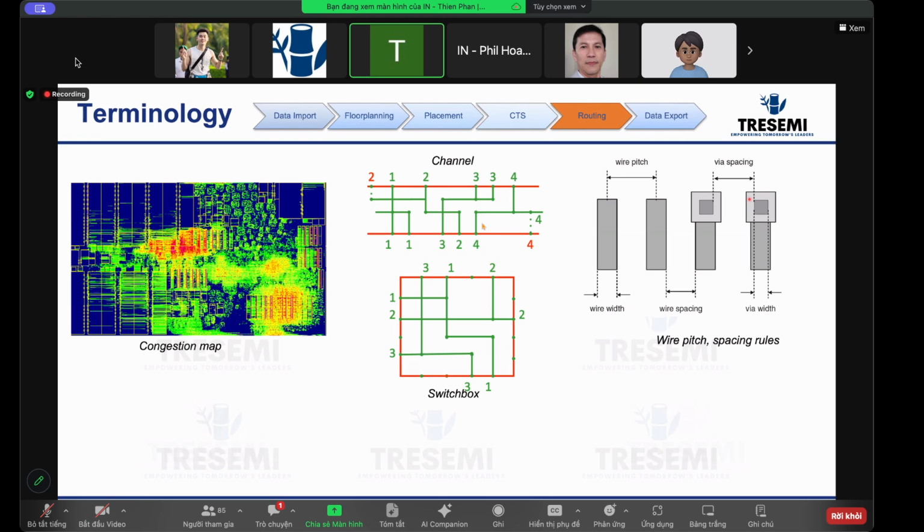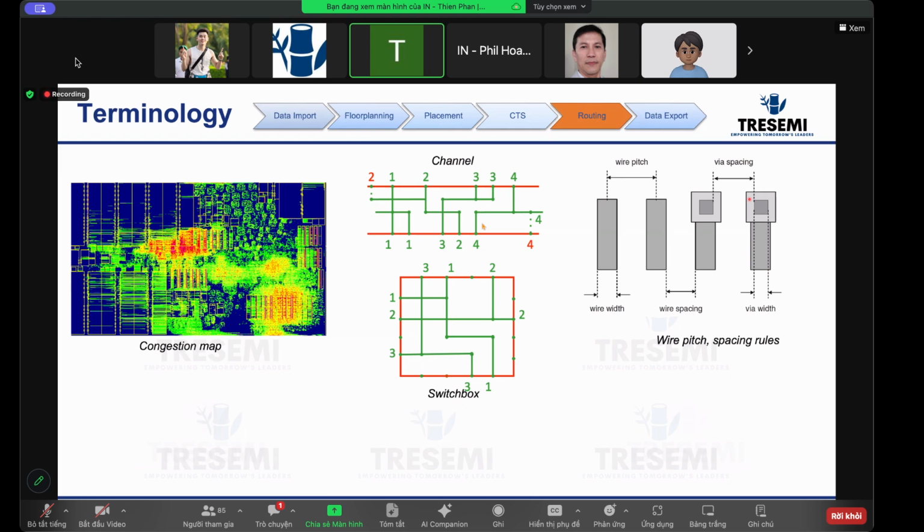Let's say you have 10 tracks available, but in order to connect all those pins locally, it needs 11. That means you need one additional track. That's the overflow. And then if you get to a point, say, wow, I get 8, that's pretty high. 8 out of 10 is pretty high.